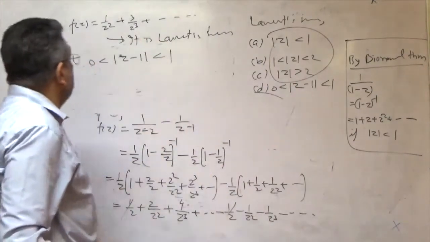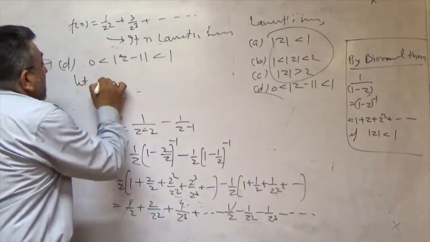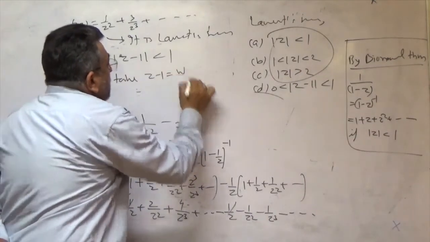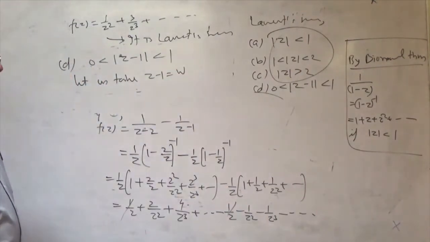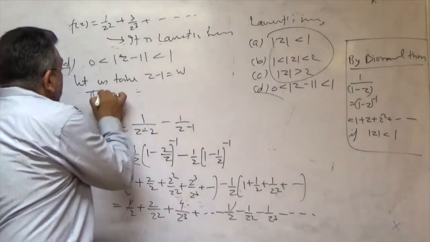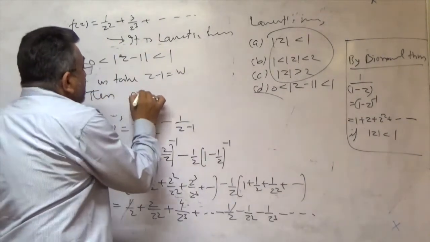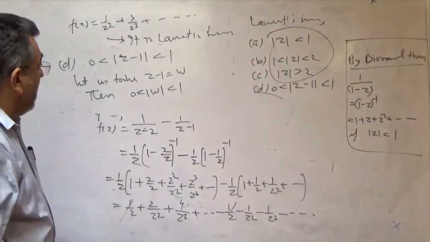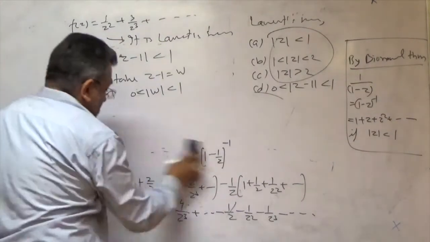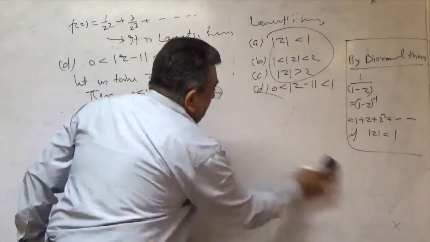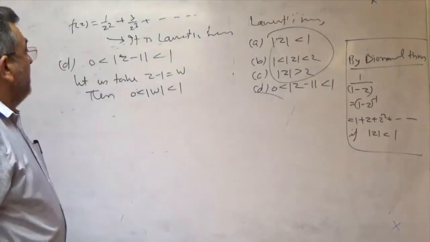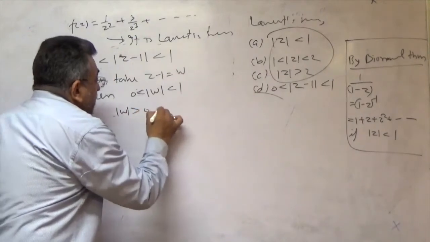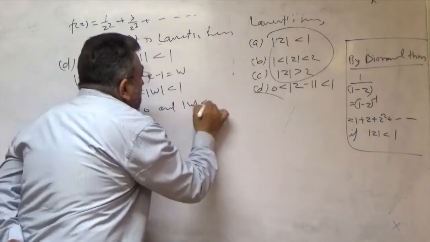But in this part, first we take, let us consider z minus 1 equal to w. Then region is 0 is less than mod w is less than 1. And this means mod w is greater than 0 and mod w is less than 1.